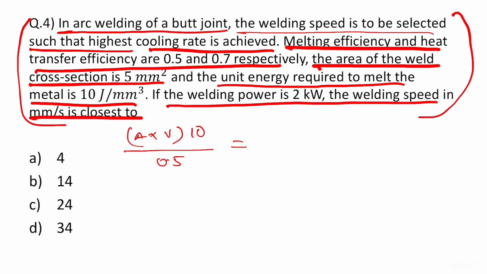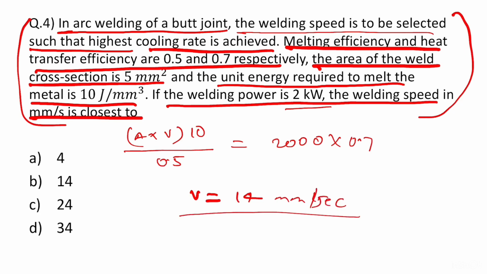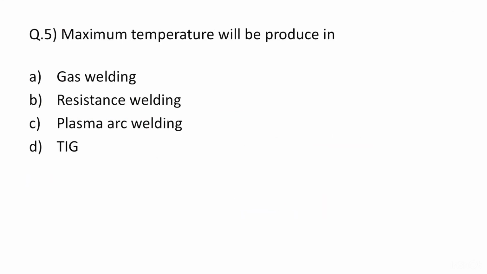Heat input is the welding power, 2000 watt. And one more thing, there is a heat transfer efficiency, so multiply by 0.7. If you calculate it, you will find that V comes out as 14 mm per second. So the answer is B.